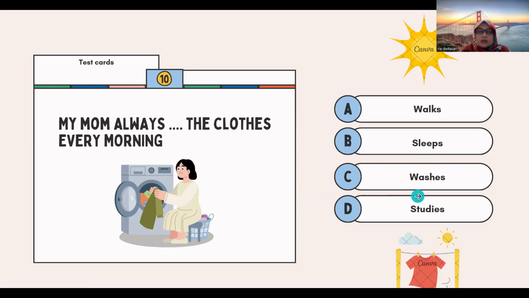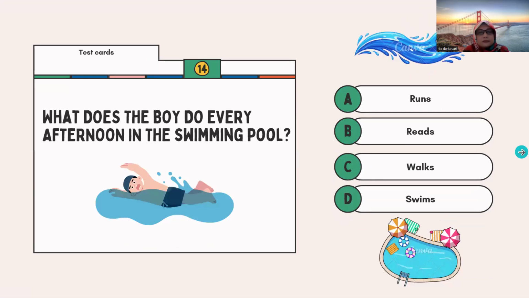Kenapa washes? Because my mom is the third person singular. So we need to put es after it, so it becomes washes. So the correct answer is washes. That's right. Good job. Okay, then next question.